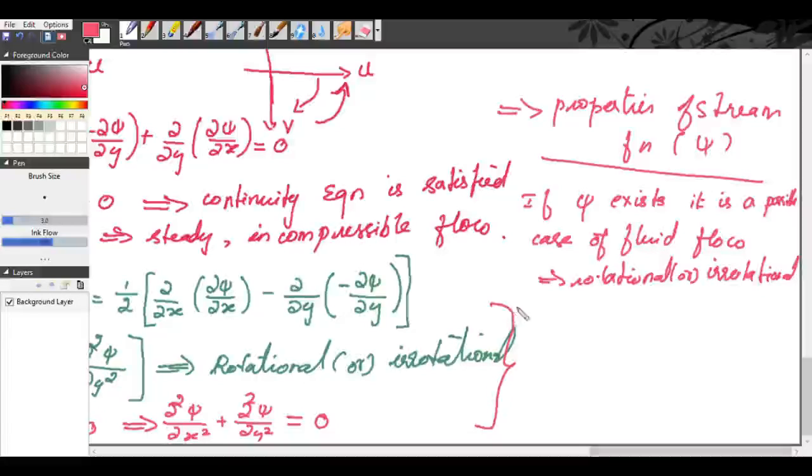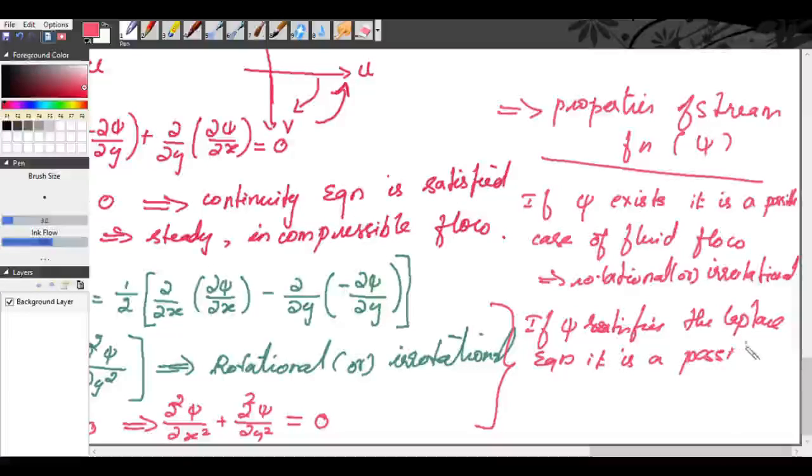And number 2, if the psi satisfies the Laplace equation, it is a possible case of irrotational flow.